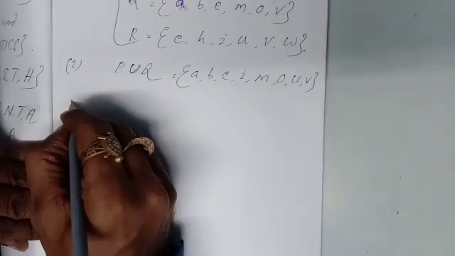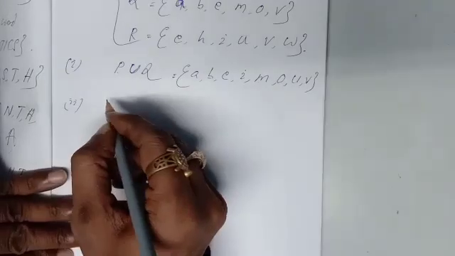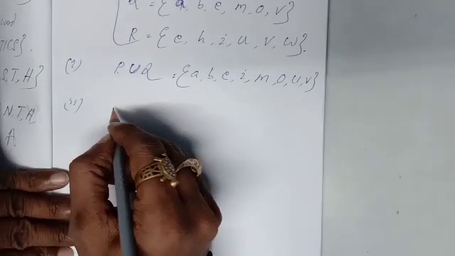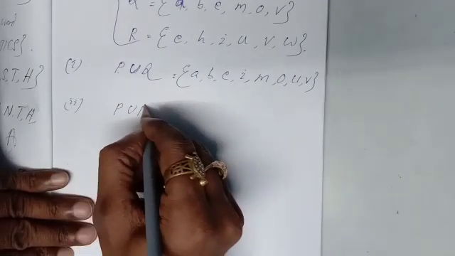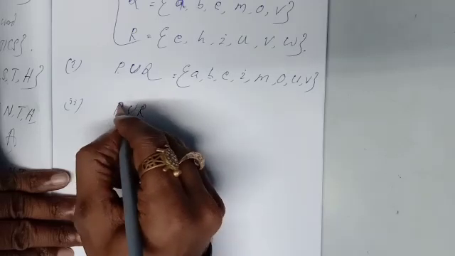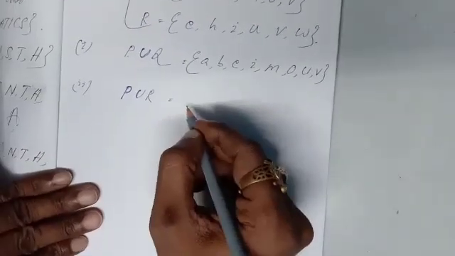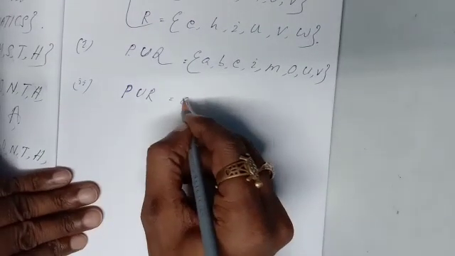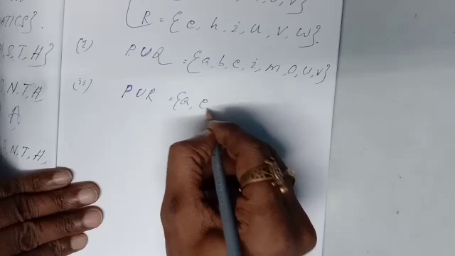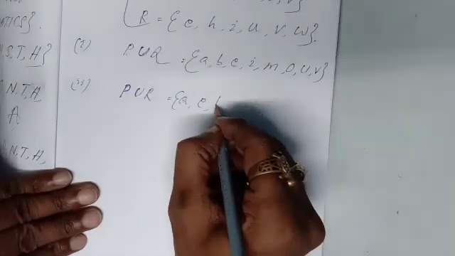The second part of question number 9: you have to find out P union R. P union R means all the elements present in P set and R set. What is that? A, E. B is also there?